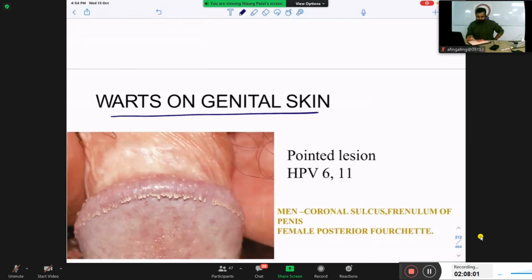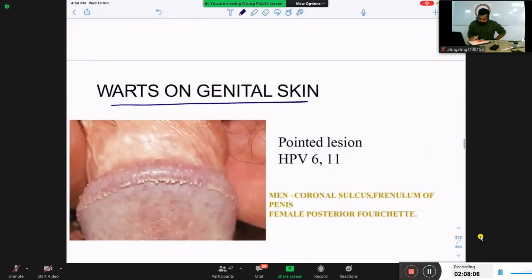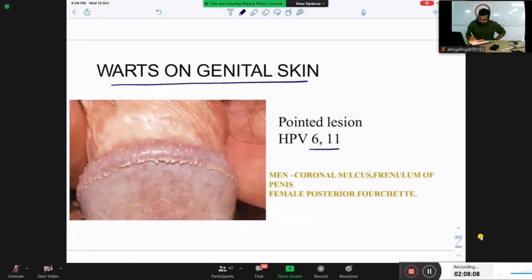Warts on the genital skin. So as you can see in this patient, if they are asking you what is the causative agent of the external genital wart, what you will answer? 6 and 11.